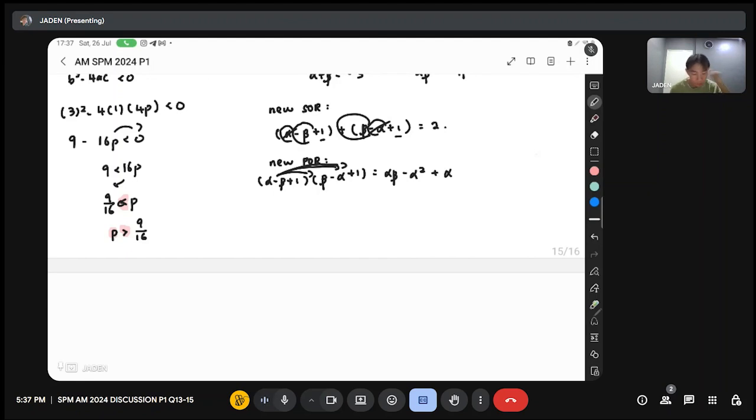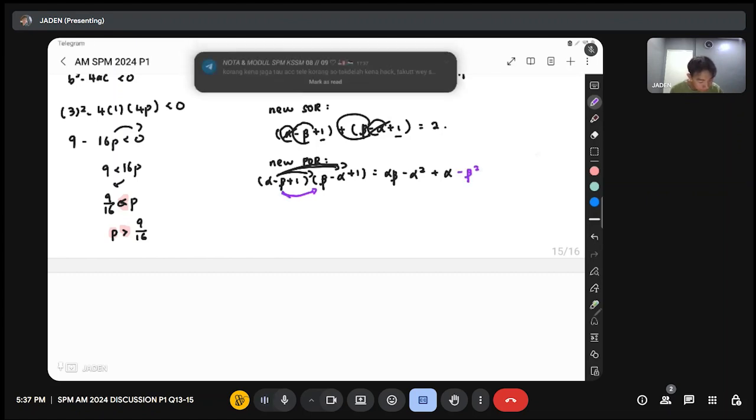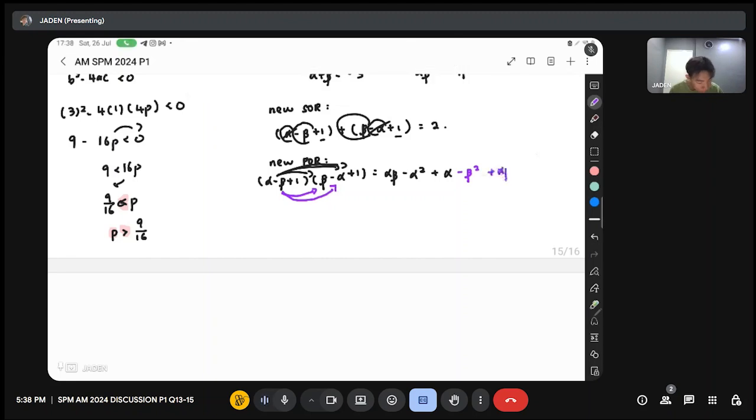Then the next is negative beta times beta, negative beta squared. Negative beta times negative alpha is positive alpha beta. Negative beta times 1, negative beta. Okay, last one. 1 times beta, beta. And then 1 times negative alpha, negative alpha. 1 times 1, plus 1. Right, plus 1.